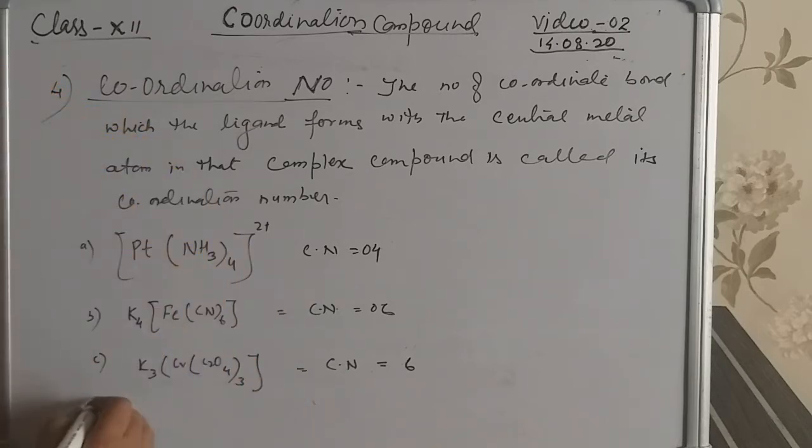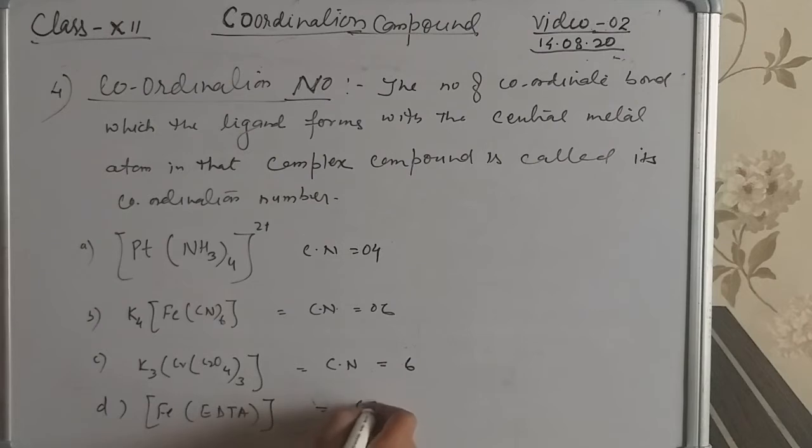So if we take EDTA, count the number of donor sites and we find the coordination number is 6. So in this way you can find out the coordination number of a particular compound.